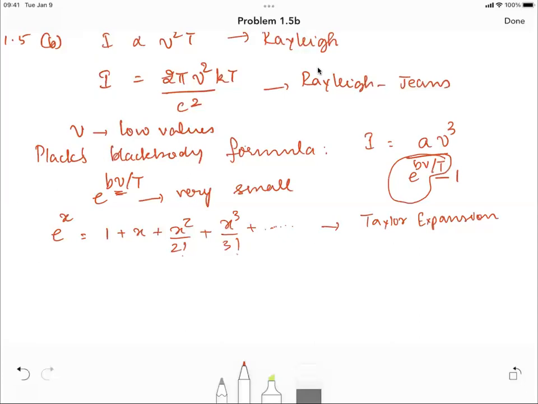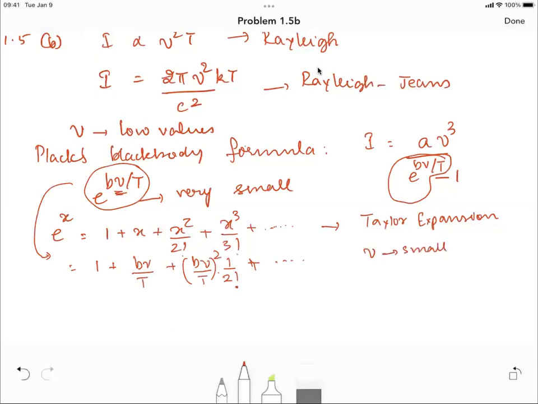Let's first expand this into a Taylor series. That will be equal to b nu by t plus b nu by t whole square by 2 factorial plus so on. When nu is very small, nu square is going to be much smaller.